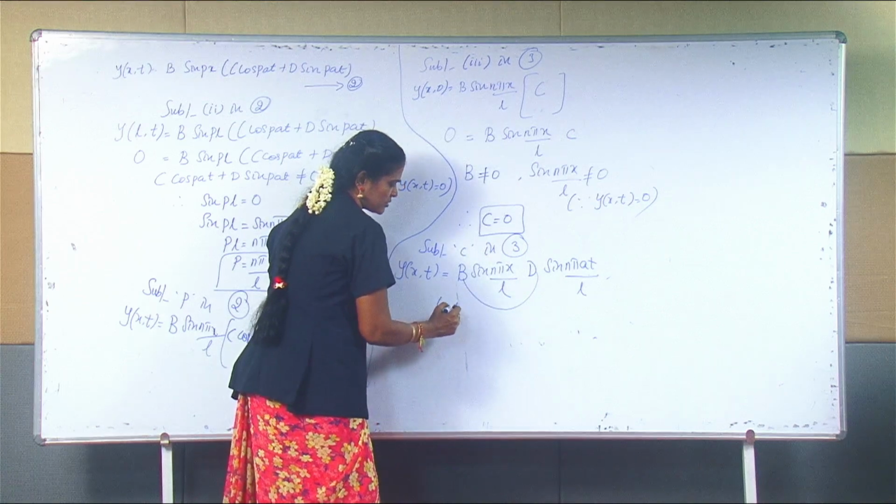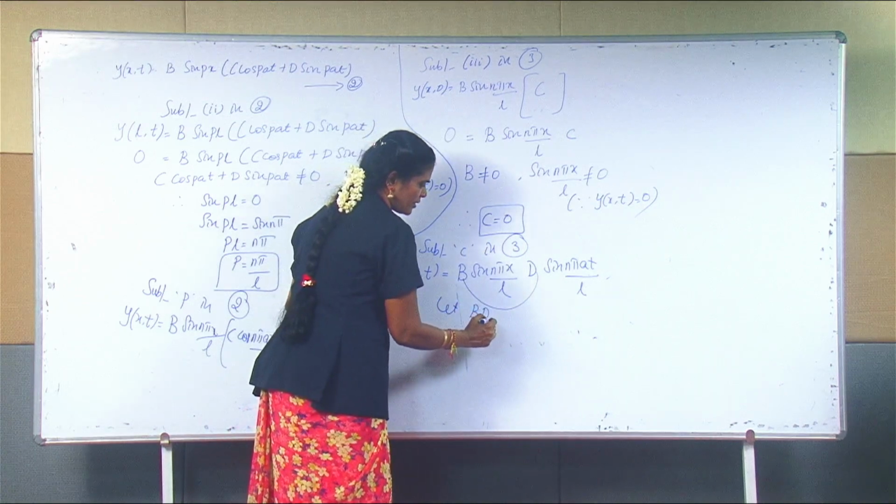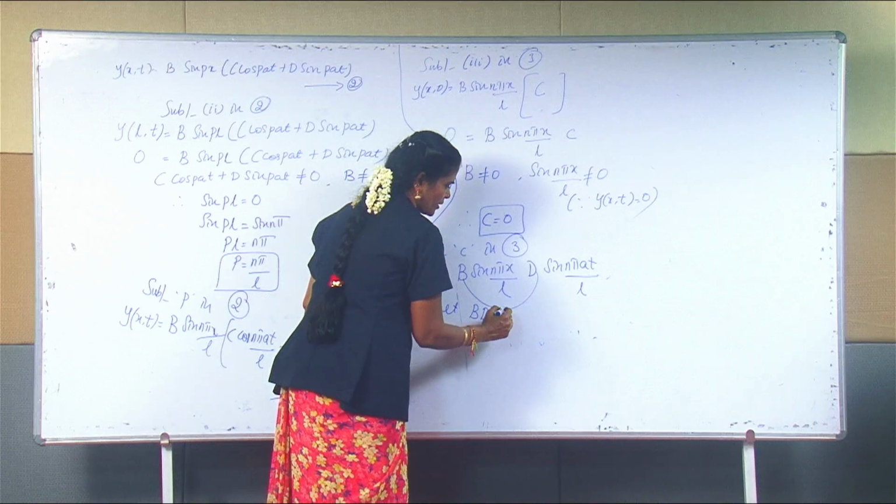First you have to take your constant value bd as bn.